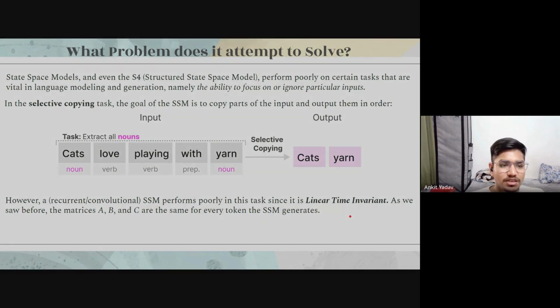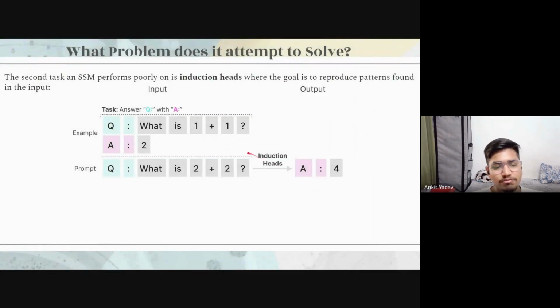The second thing they are not having: we have a basic transformer model, and then we have some layers on top of that, like a sequence to sequence layer, and then we can change the front layer to a question answering layer, but this is missing in SSM. What happens if I do zero shot or one shot prompting? If I ask what is 1 plus 1, the answer is 2.